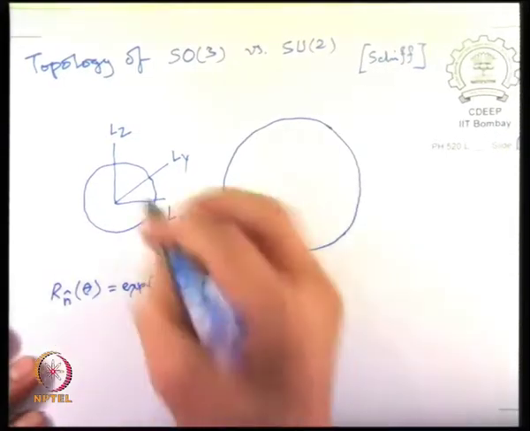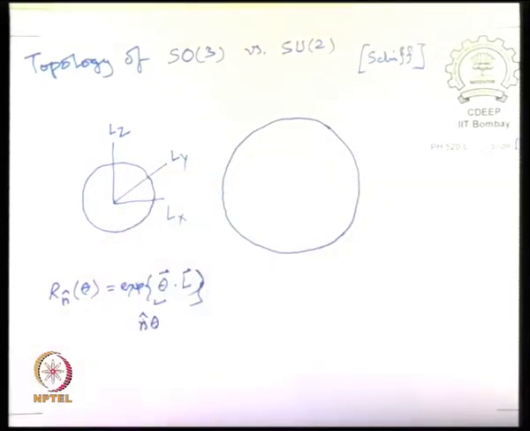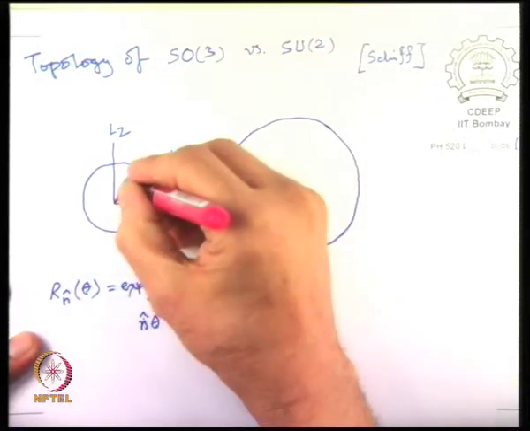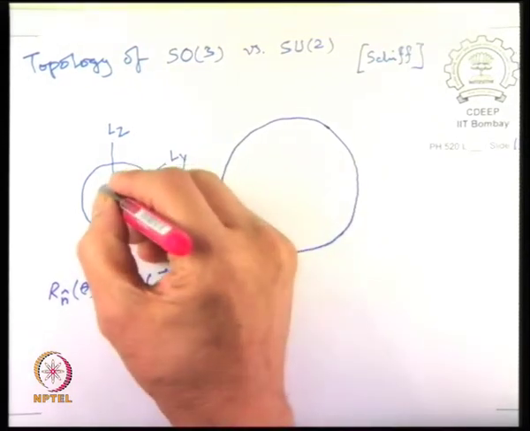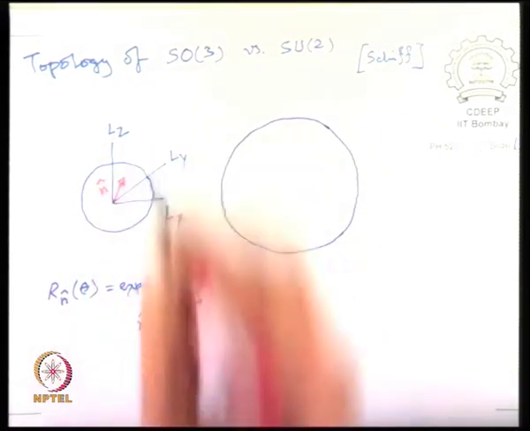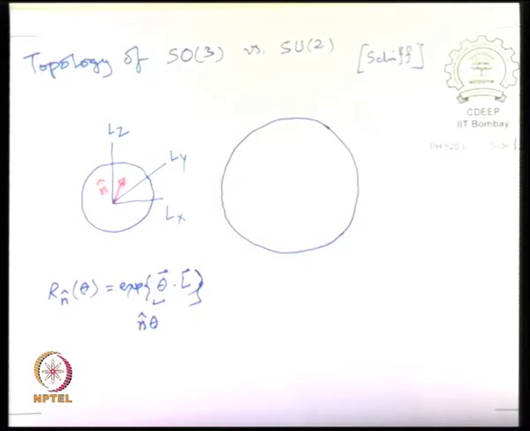N cap is a vector in this space. It is dotted with L, right? So you can dot it with Lx, Ly, Lz. So this is n cap, and the rotation amount theta you can show by drawing along it.